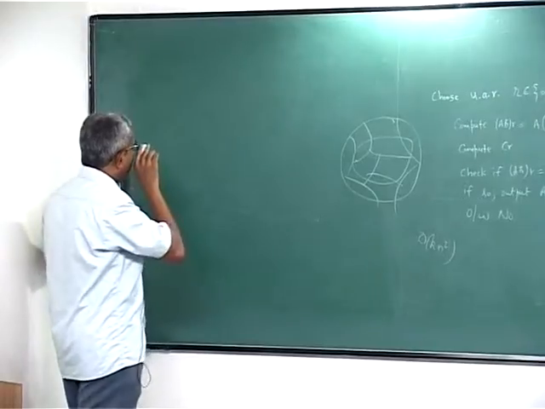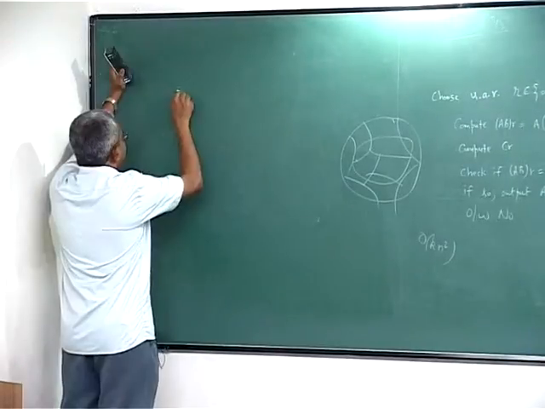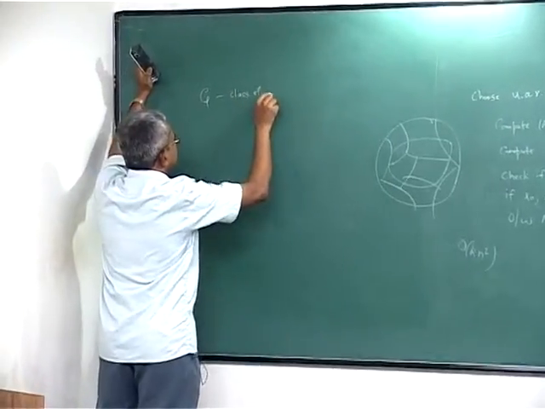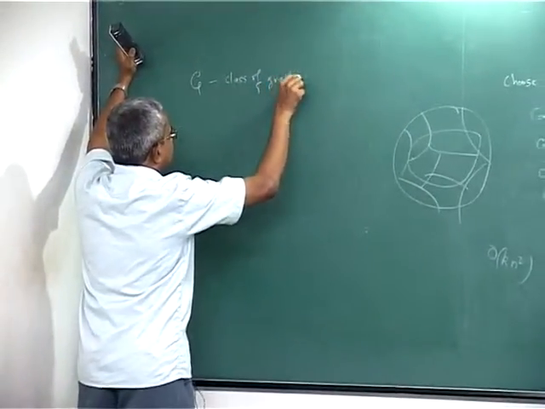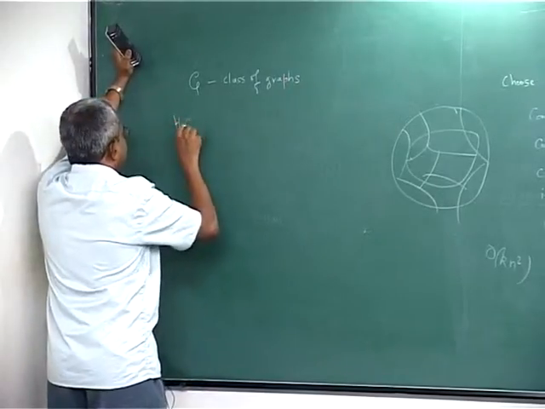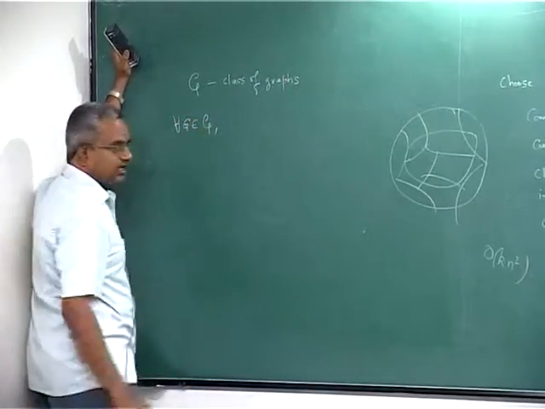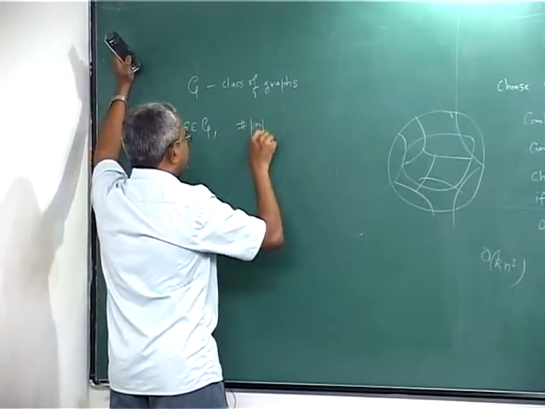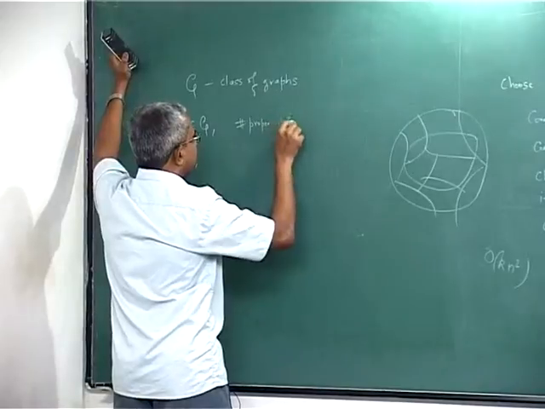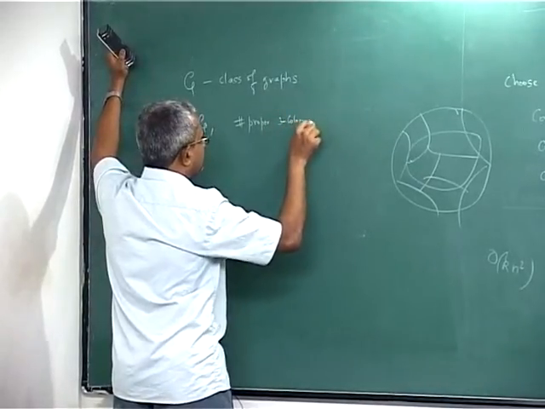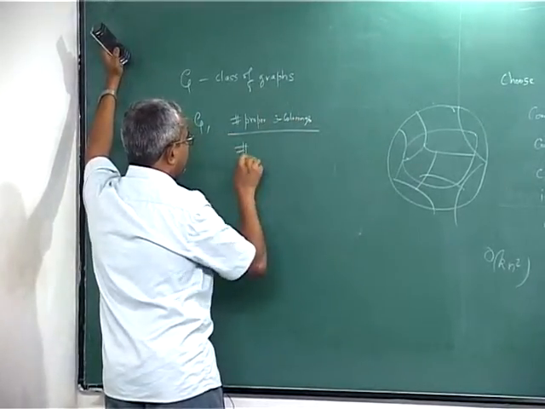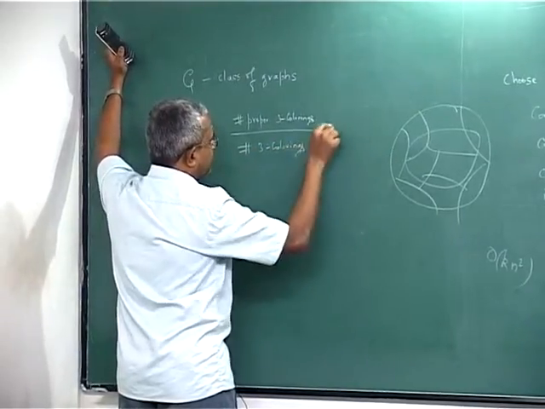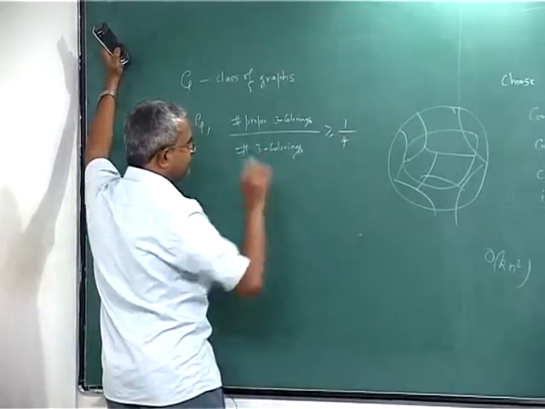So, what you have is, if C is a class of graphs, for all graphs G in C, the number of proper 3 colorings divided by the number of 3 colorings is at least, say, 1/4, for example.